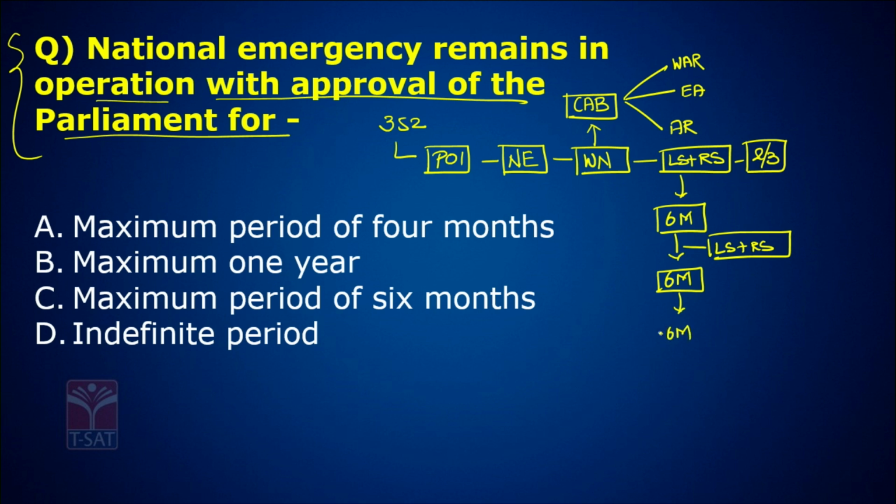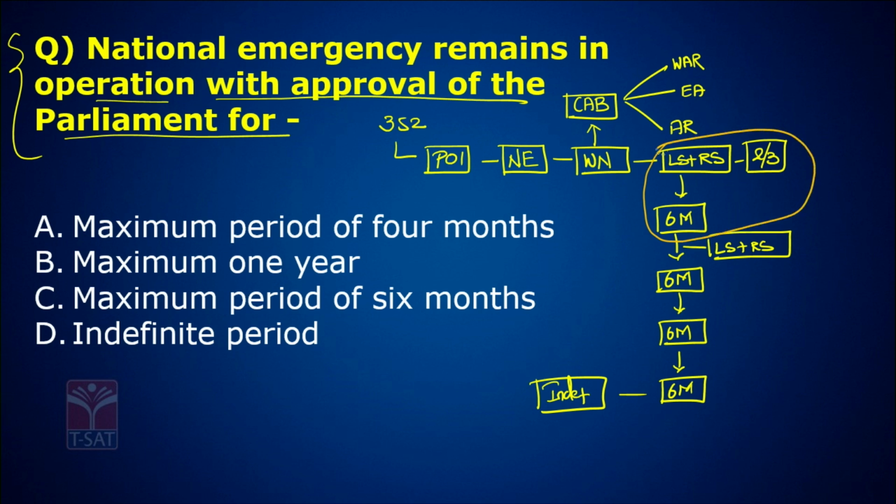It can be renewed every 6 months, any number of times, for an indefinite period, till it is removed. Meaning, once the Lok Sabha and Rajya Sabha approve it, the emergency continues for 6 months. Answer is up to 6 months, maximum period of 6 months. Answer is C.